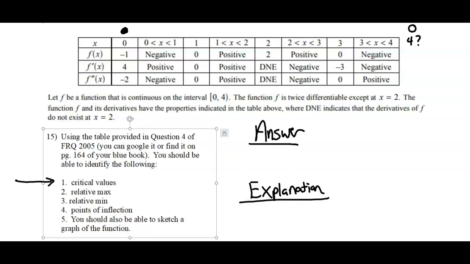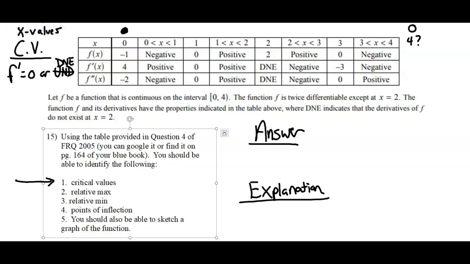Critical values are those places where the derivative, I'm going to show this off on the side because this is just for teaching, and then I'll write my final answer the way you should in a moment. Critical values are those values where the derivative is either equal to 0 or it's undefined. Or you could say does not exist is fine as well. So looking at our table, let's find, oh, and by the way, they're x values also. That's important.